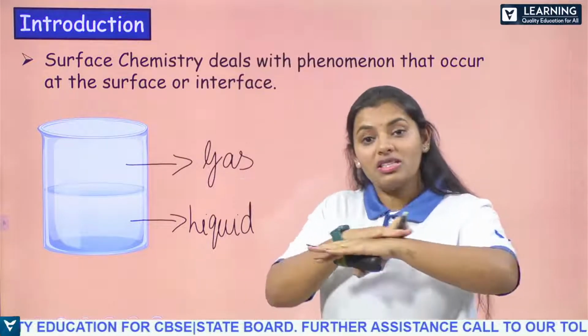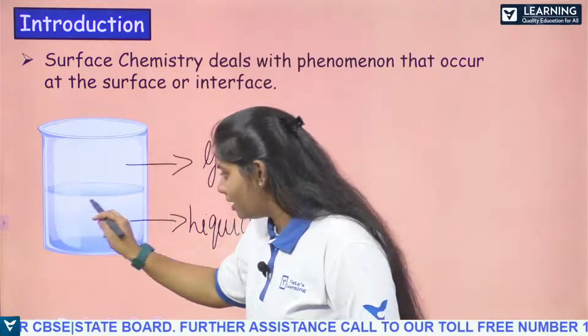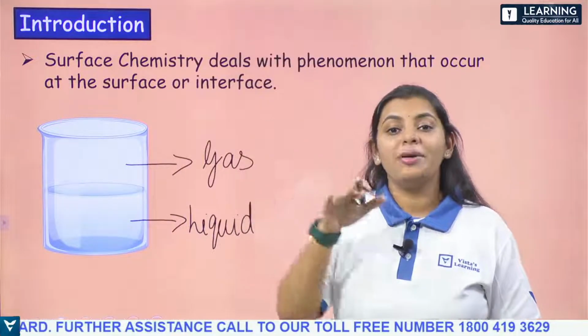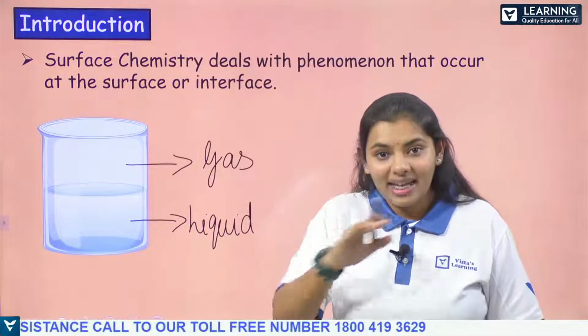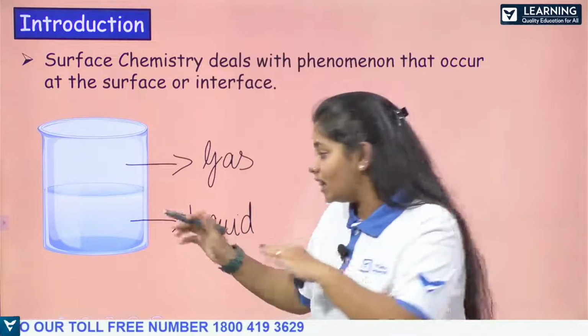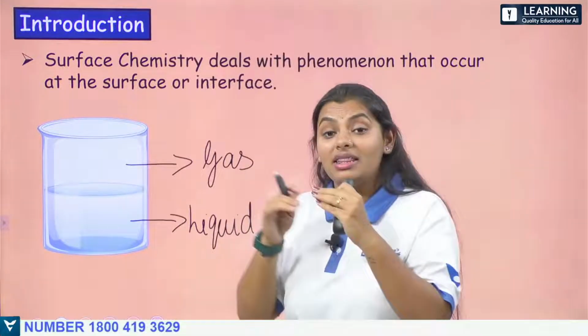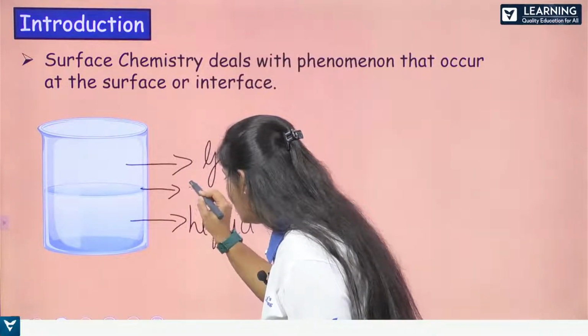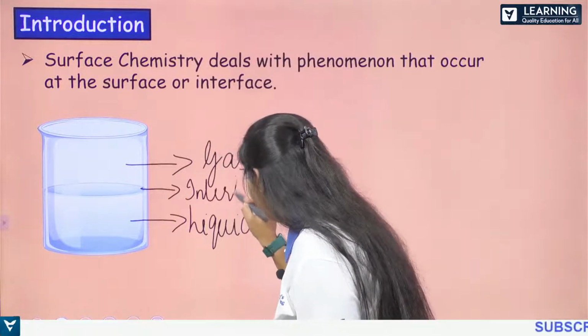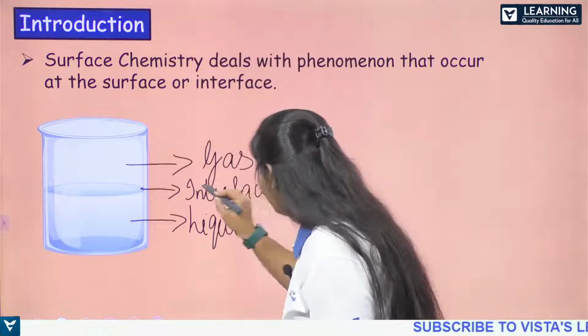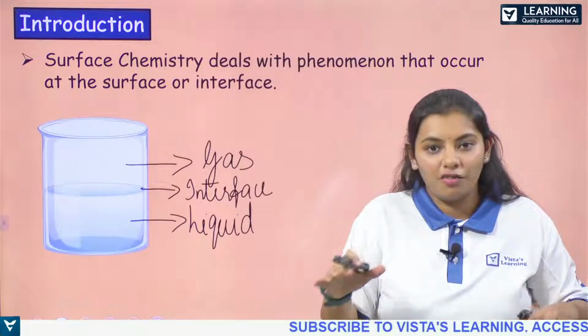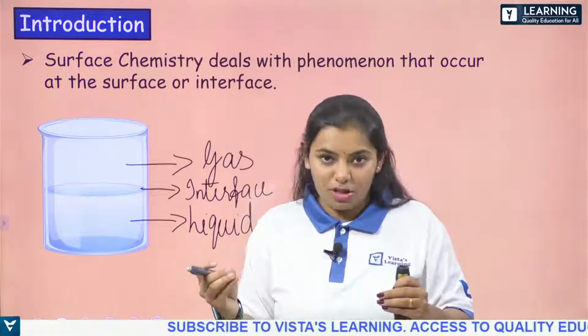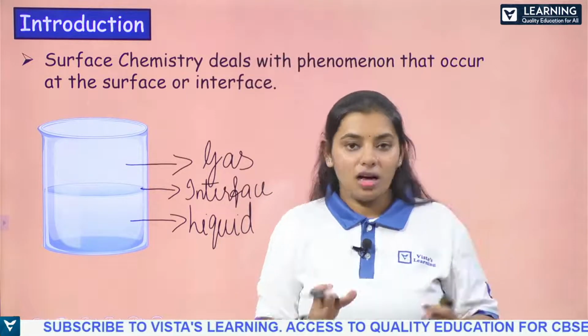Now, on the surface of the liquid, this part, the gas molecules come and accumulate. So the interaction that happens between this layer and this layer is known as the interface. This particular region, the surface, is known as the interface. Any kind of reaction that happens on the interface is known as surface chemistry. That is what we deal with in surface chemistry.